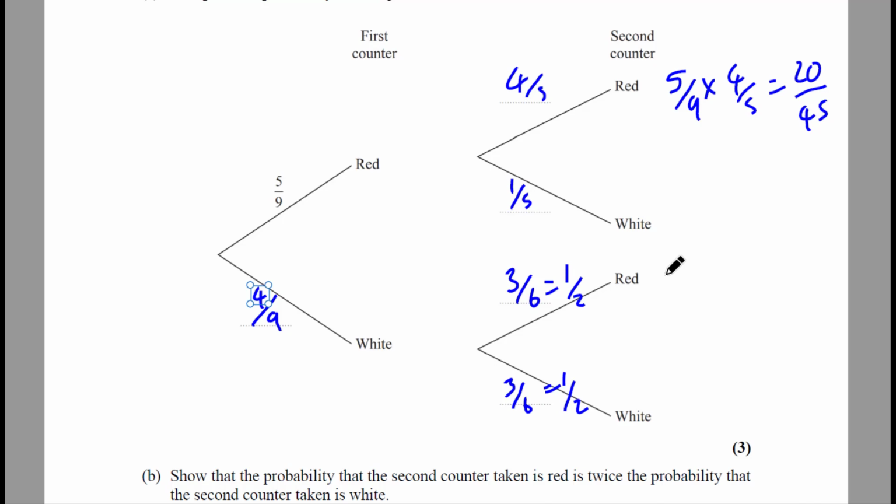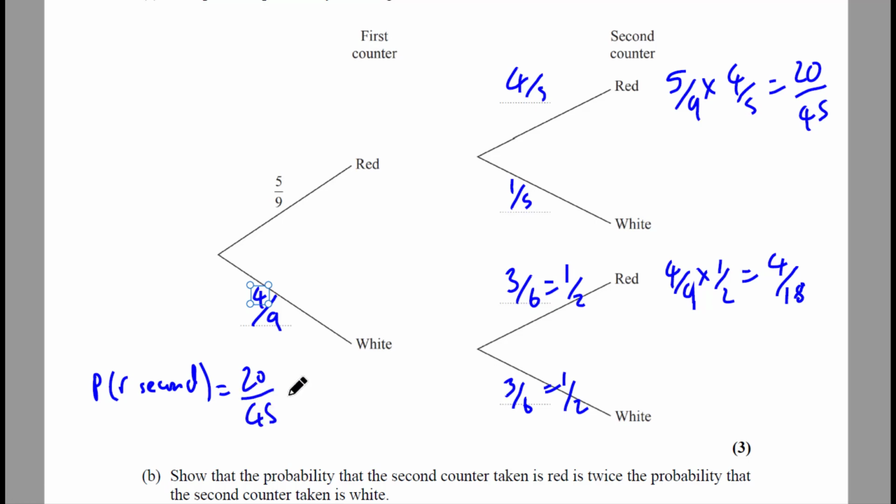Red here is 4 over 9 times a half, which is 4 over 18. So the probability that red is picked second equals 20 over 45 add 4 over 18, and you can just use your calculator to work that out.